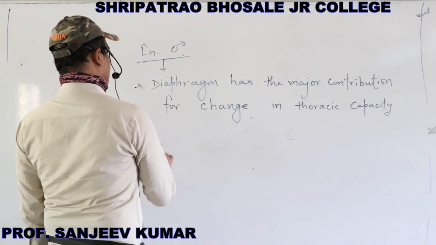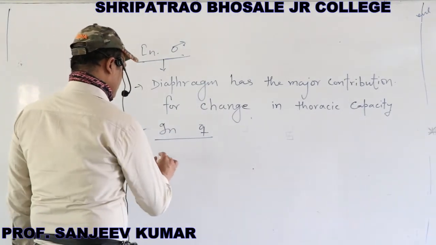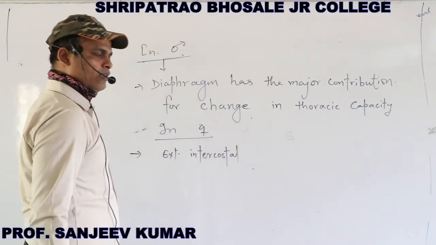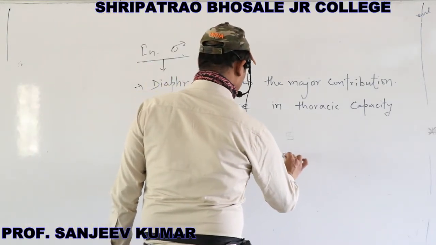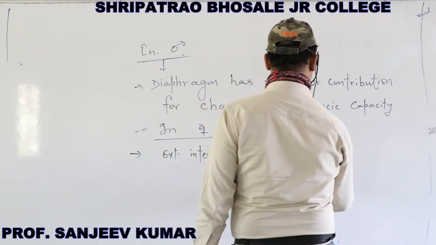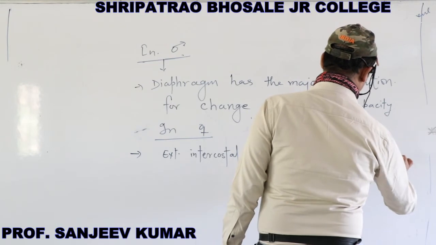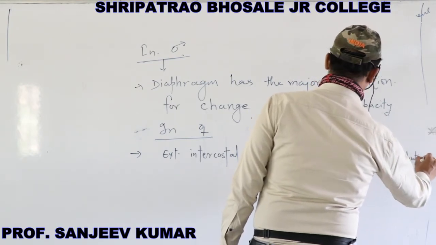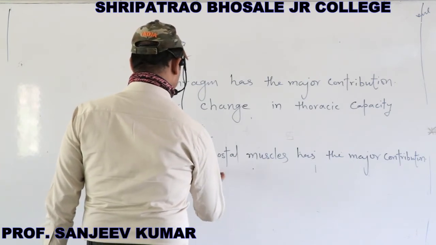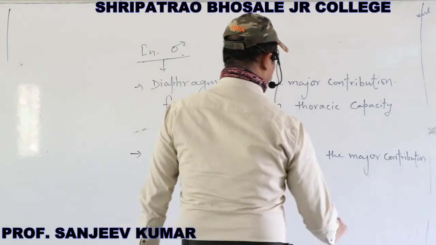Second, in females, the external intercostal muscles have the major contribution for change in thoracic capacity.